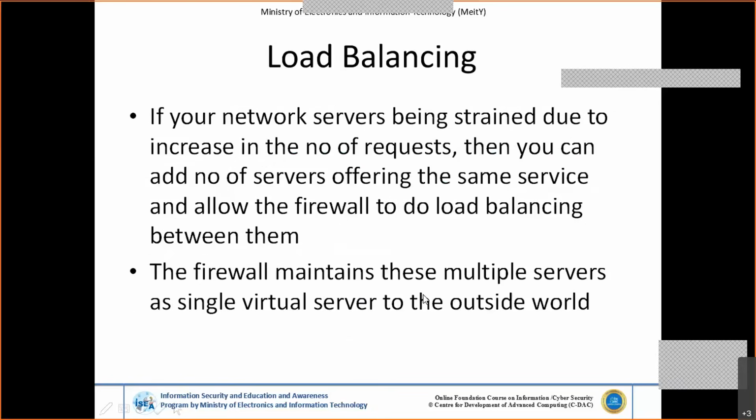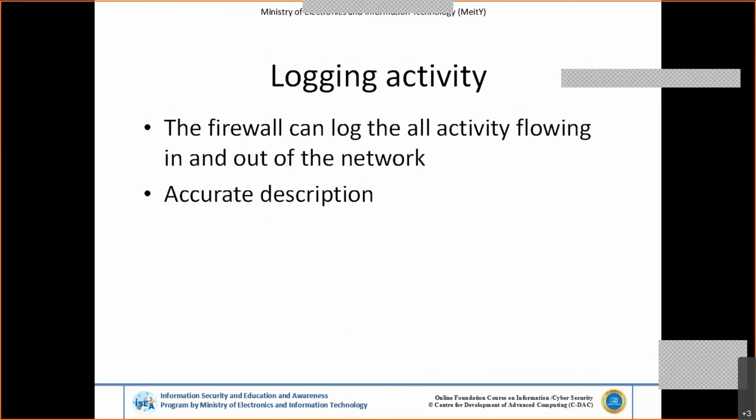So this kind of load balancing is also possible. And the most important, as we discussed, is the logging activity, where everything has to be logged with respect to the firewall. So this is some of the analysis with respect to that.